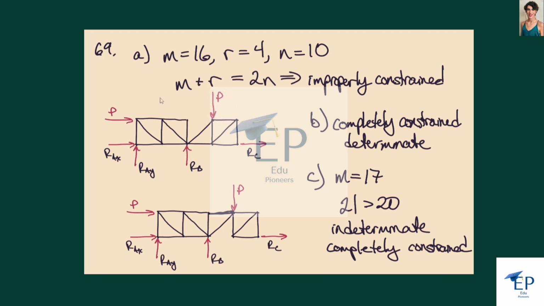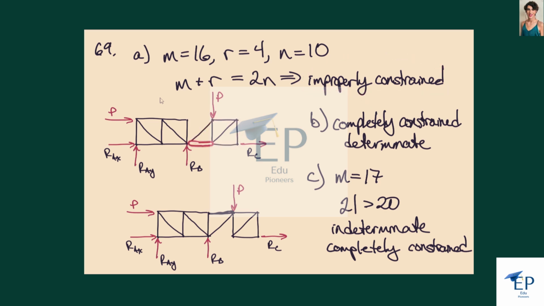So in reality, if this was actually a riser, a kind of wire or something here, this thing would rotate slightly down, so then that would move that way. But because it can move, it's not a rigid structure, and that's why it's improperly constrained.